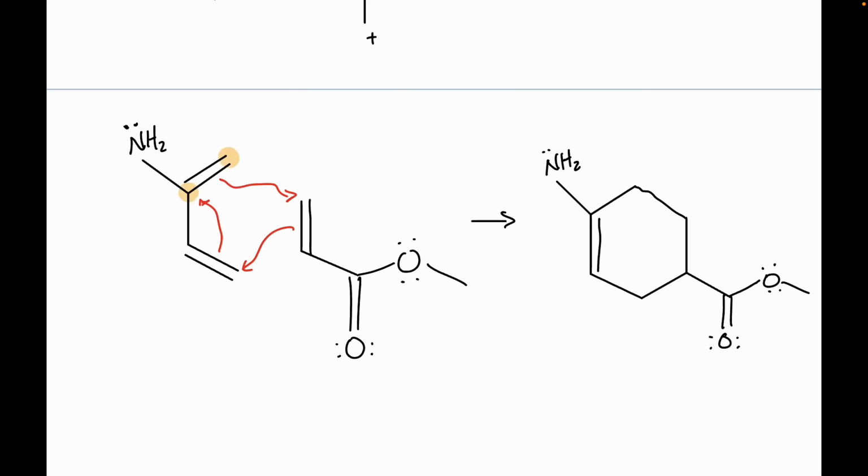My 1, 2, 3, 4 carbons from my conjugated diene have combined with my 2 carbons from my dienophile in this proper orientation here to create my product.